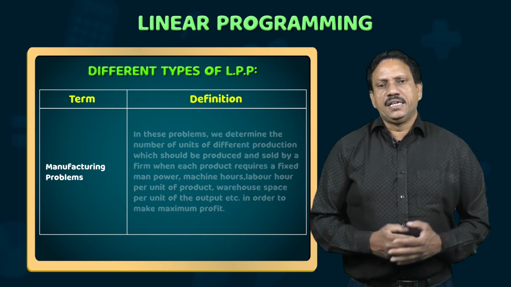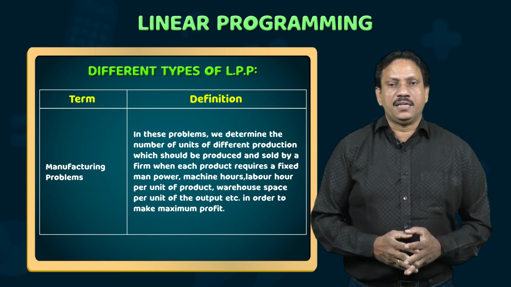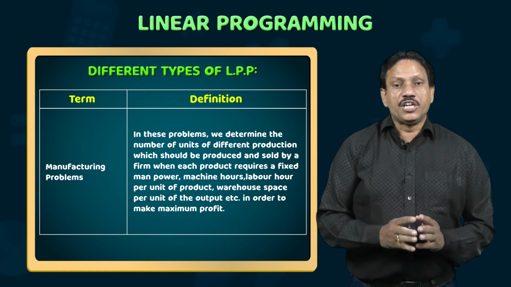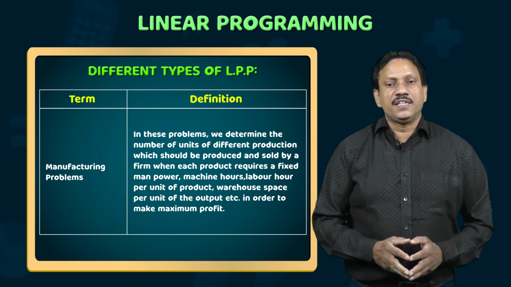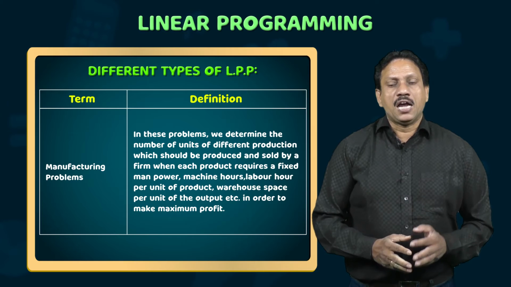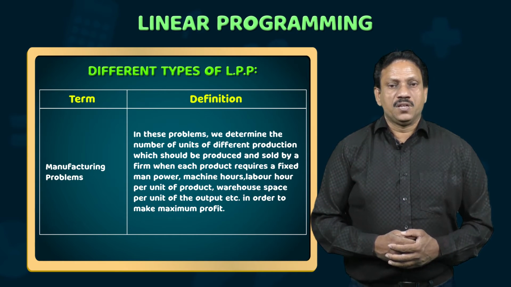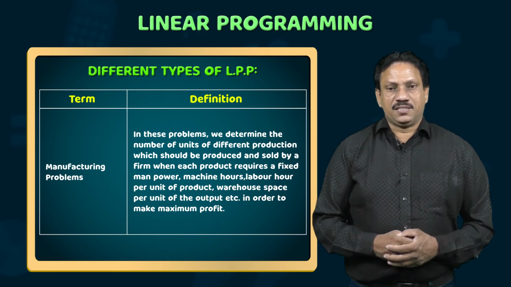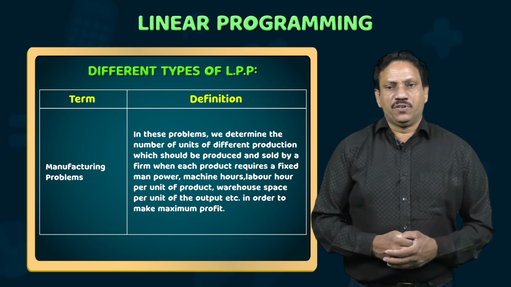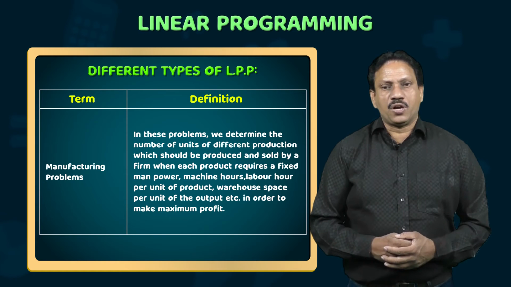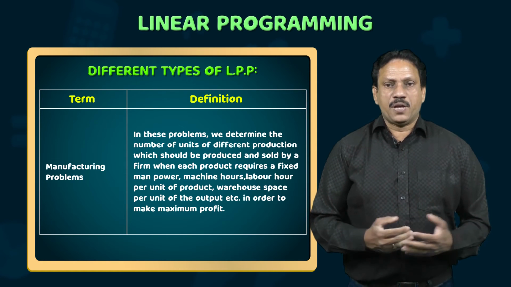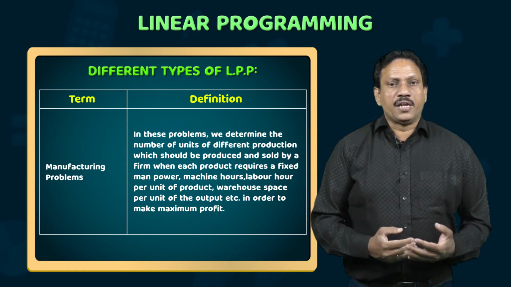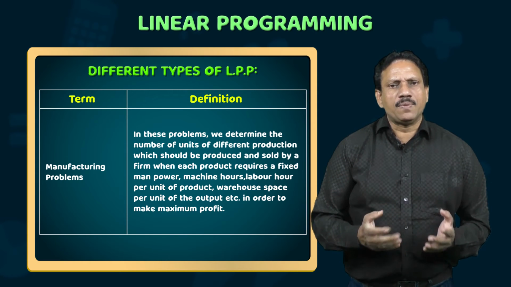Manufacturing problems. In these problems, we determine the number of units of different products which should be produced and sold by a firm when each product requires a fixed manpower, machine hours, labor hours per unit of product, warehouse space per unit of output, etc., in order to make maximum profit.